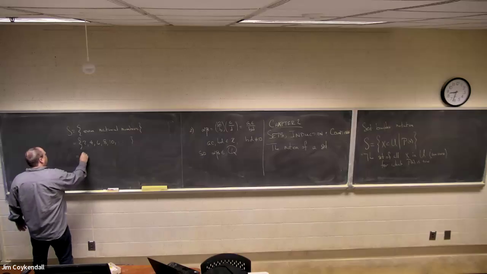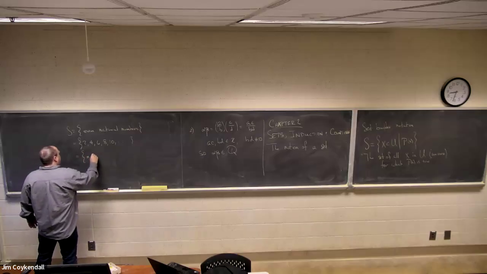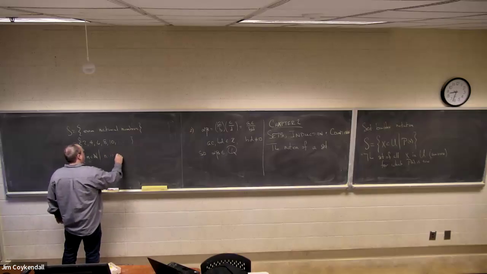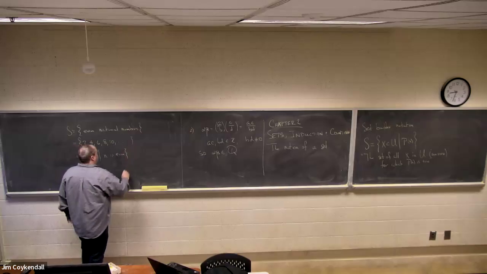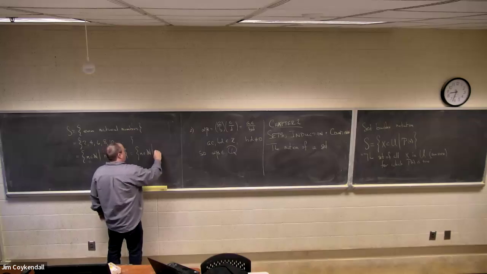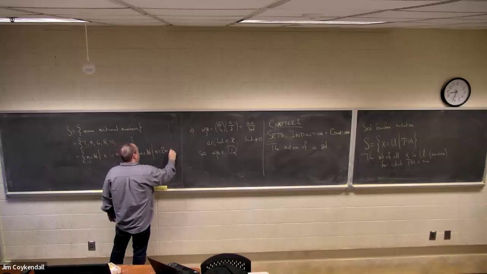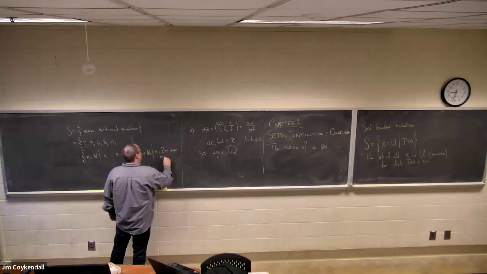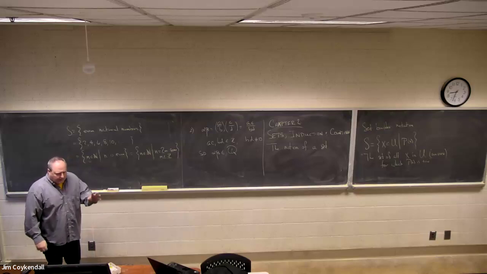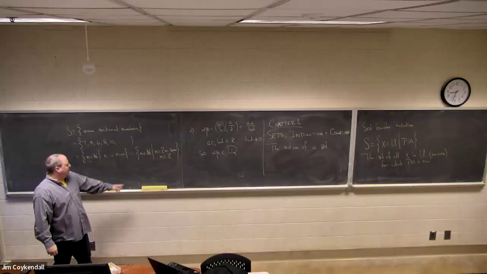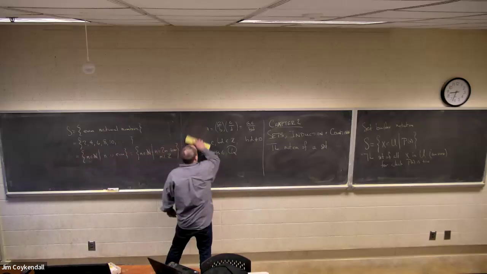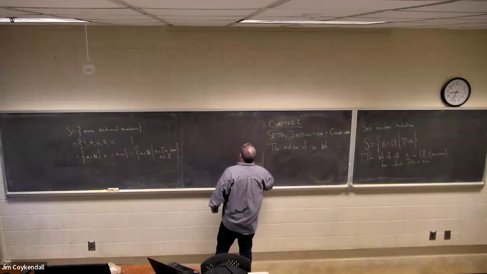And I could also write this as the set of n in N such that n is zero, or I could write this as the set of n in N such that n equals n. There's lots and lots of ways that I could write this set in the set builder notation. You all have seen this probably as well. You might have even seen it in calculus.